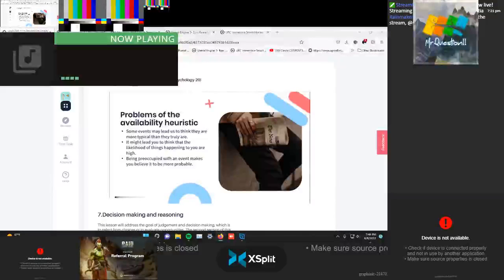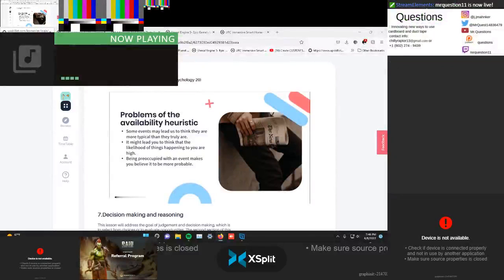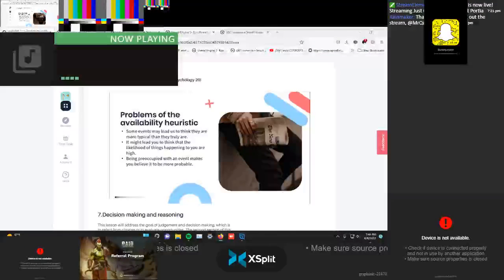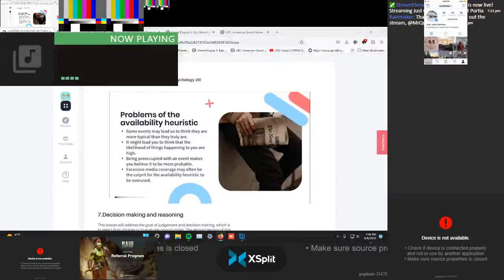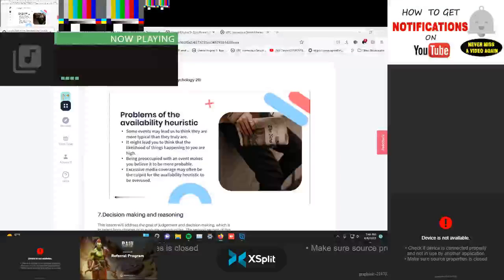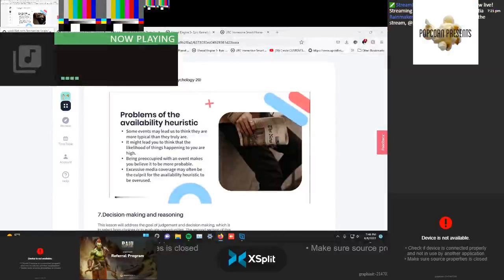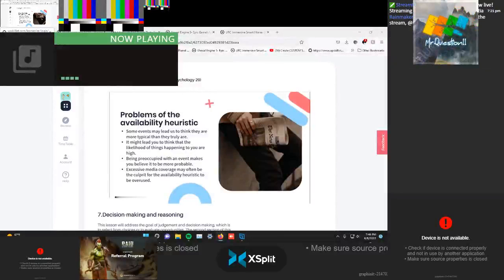The problem is that certain events tend to stand out in our minds more than others. Excessive media coverage can cause this to happen, but sometimes the novelty or drama surrounding an event can cause it to become more available in our memories.